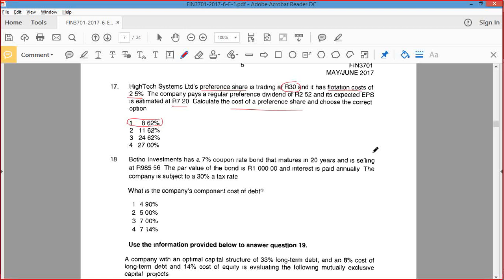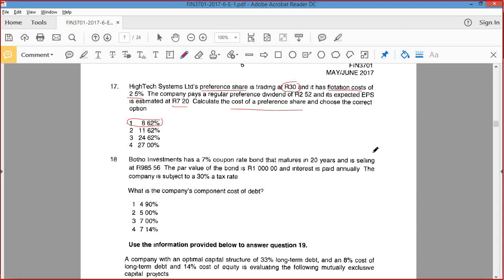So if we were looking at three different projects, and we were measuring each project by whether it had an internal rate of return of 8.62%, that's what we're looking for, because that's what the cost of this is. So if we had one that had 8.62%, that project would effectively be feasible.